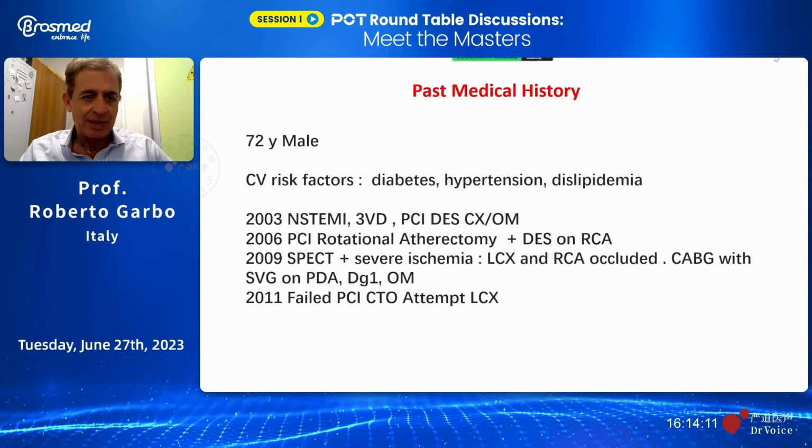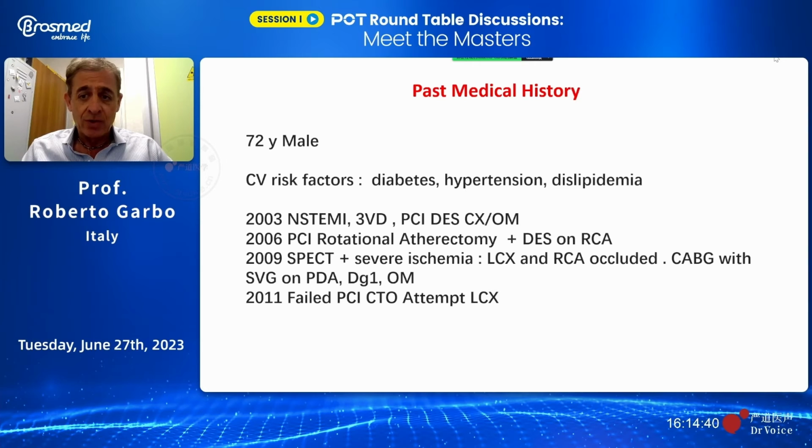Then after 3 years, because of severe angina and severe ischemia on myocardial scintigraphy, the coronary angio showed a double occlusion of the circ at the ostium and of the proximal right inside of the first stent. So we have a complex patient, 2 occlusions, and so it was treated by surgery.